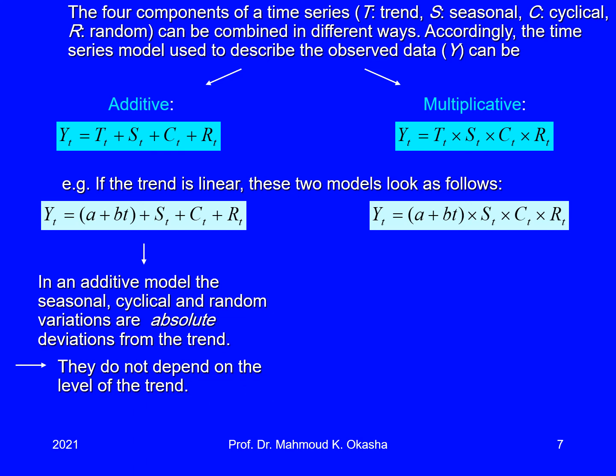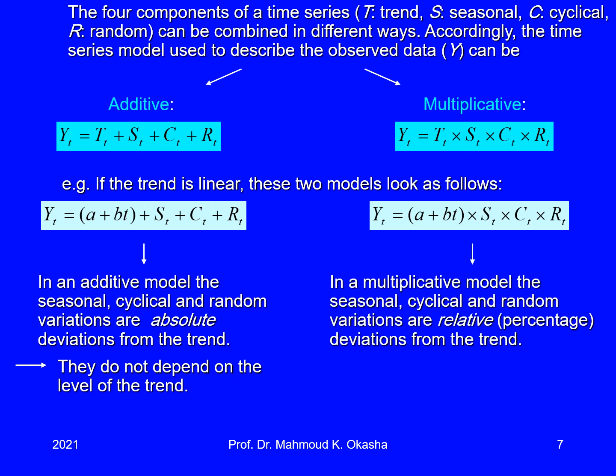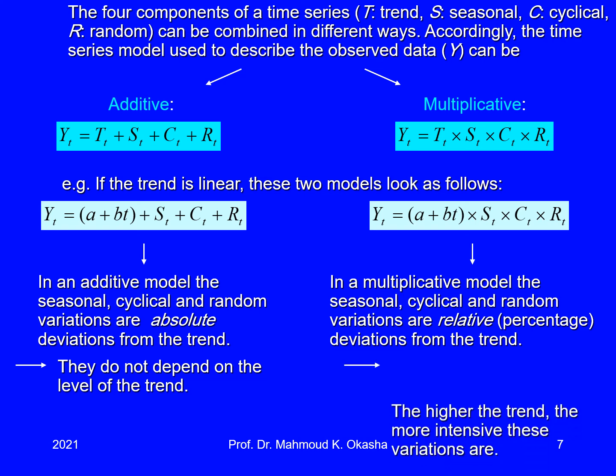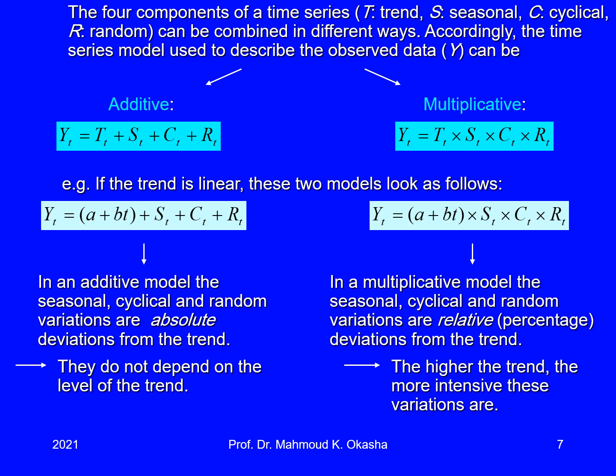They do not depend on the level of the trend, because they are independent of the trend. In the multiplicative model, the seasonal, cyclical, and random variations are relative percentage deviations from the trend. So it's a percentage of the trend. The higher the trend, the more intensive these variations are.